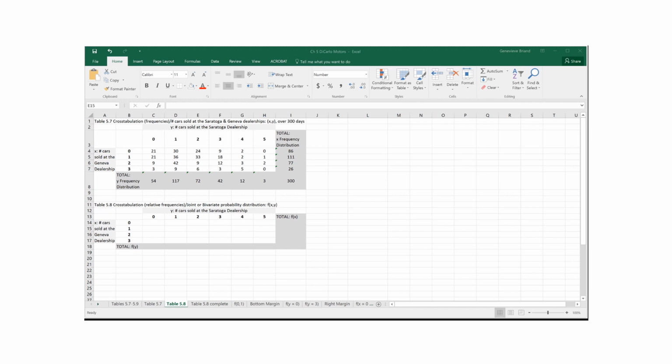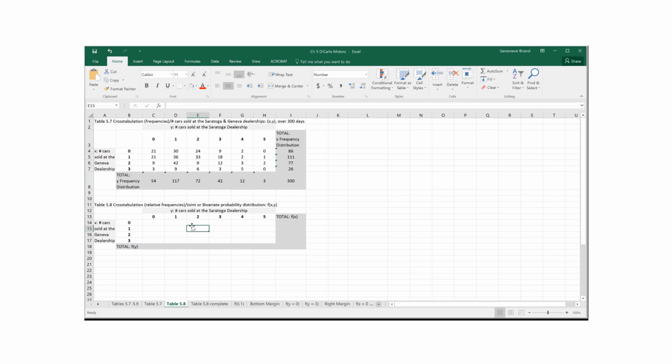So in each one of those cells in our table, we want the proportion of the total 300 days period instead of the numbers of days out of the 300. So in cell E15, we want to know what proportion of the whole period 33 days out of 300 represents.